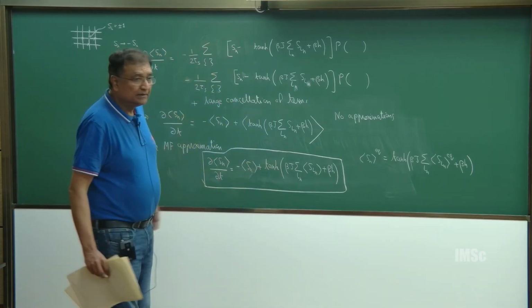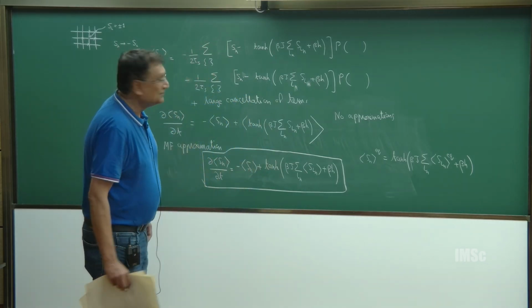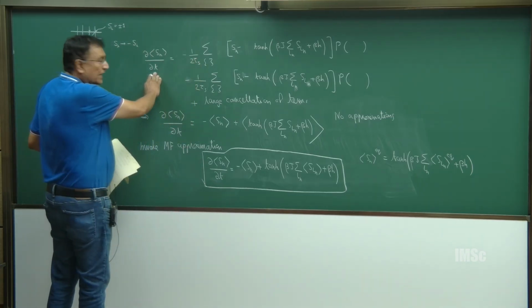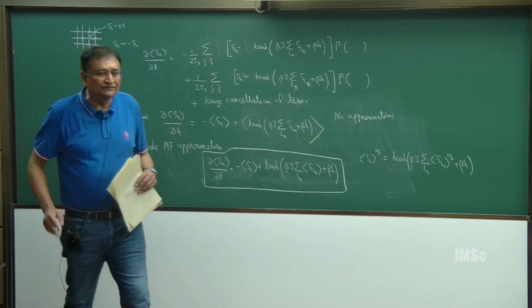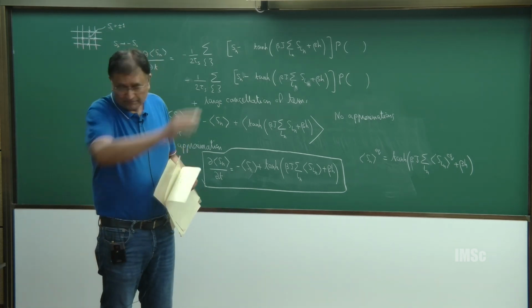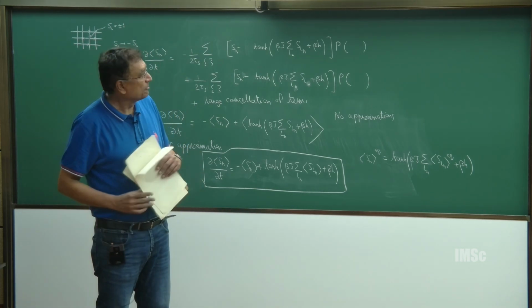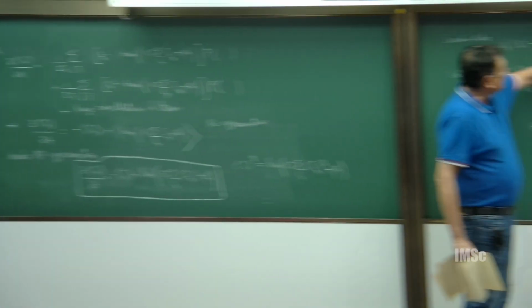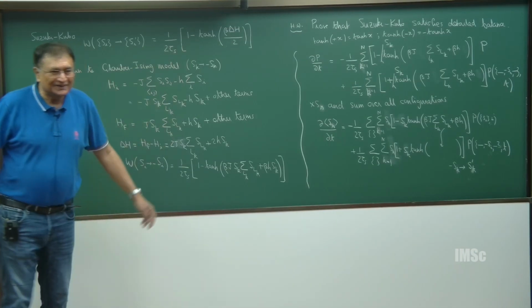Yes. Huh? The tau s I have absorbed into time here. Okay. I just absorbed it into time to save myself the trouble of writing it basically. I mean, you could have done it from the very beginning by just removing the tau s from there. Okay.